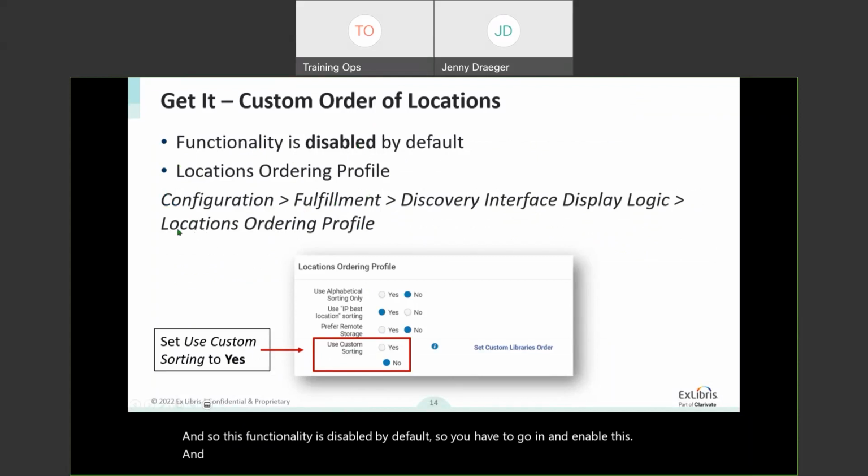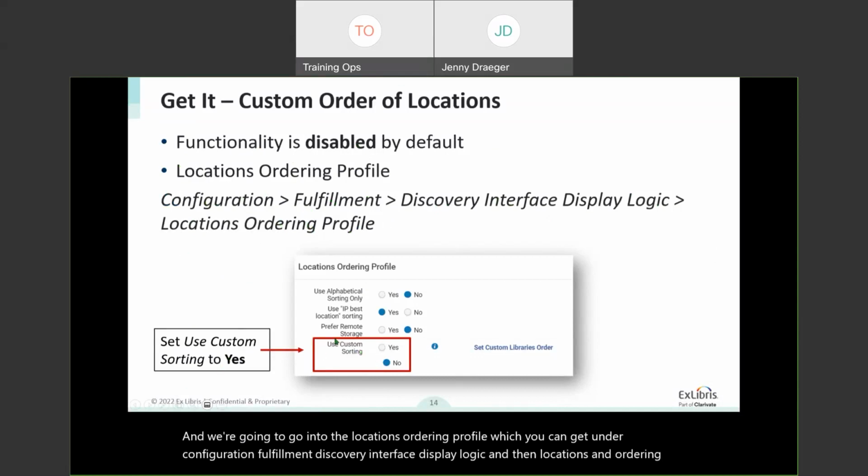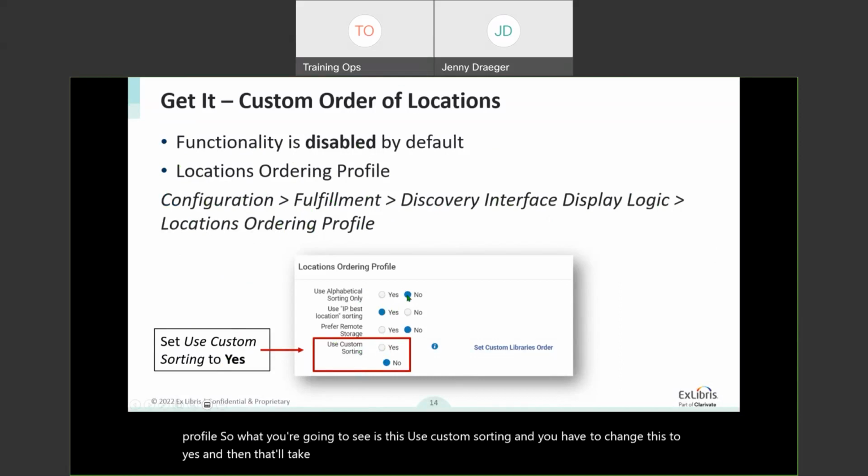We're going to go into the locations ordering profile, which you can find under Configuration, Fulfillment, Discovery Interface Display Logic, and then Locations and Ordering Profile. What you're going to see is this Use custom sorting option, and you have to change this to yes, and that'll take away these other options. We're going to see that.